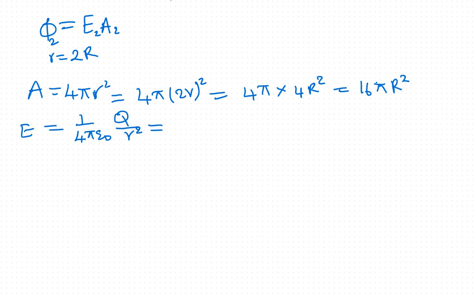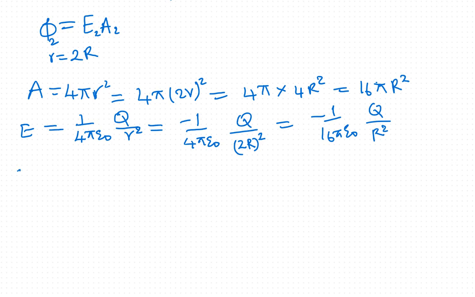With the charge being minus Q, that is minus 1 divided by 4 pi epsilon naught times Q divided by (2R) squared. 2 squared is 4, multiplied by 4 gives 16, so this is minus 1 divided by 16 pi epsilon naught times Q over R squared. Computing the flux, that is minus 1 divided by 16 pi epsilon naught times Q over R squared, multiplied by the area 16 pi R squared.